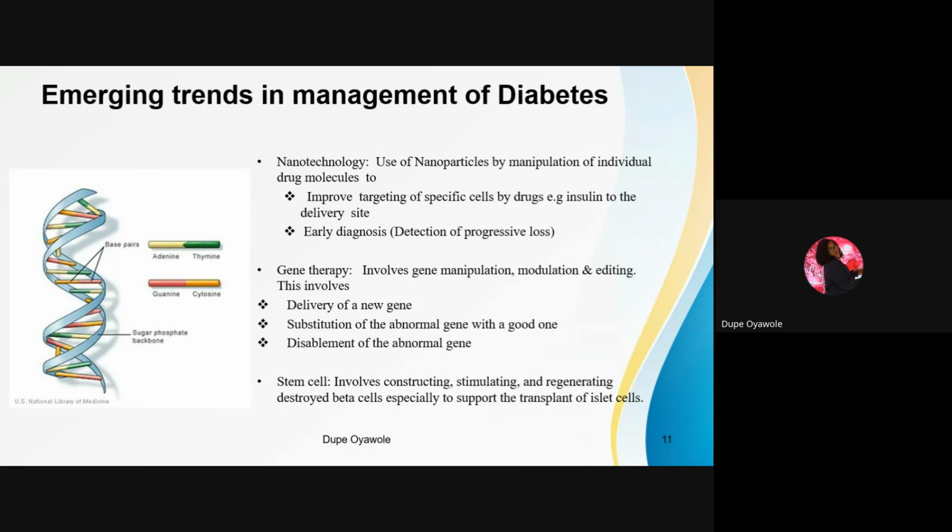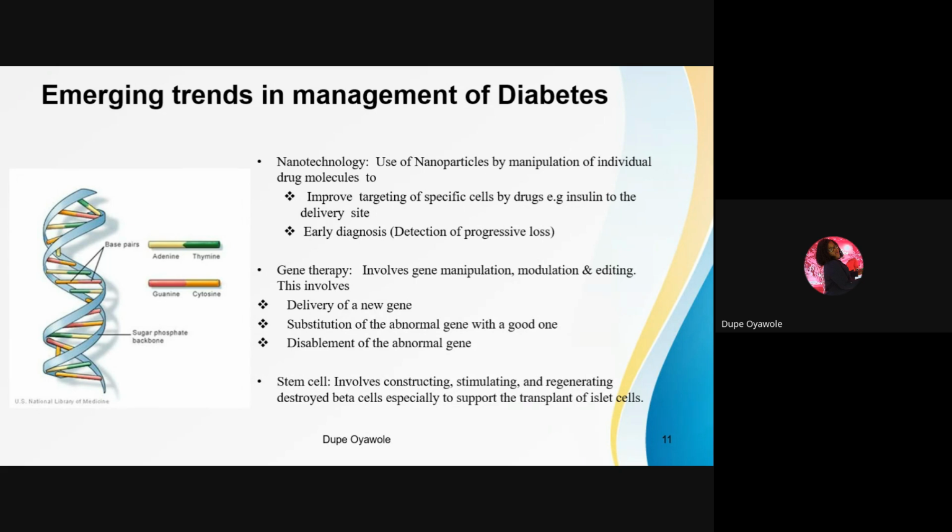Then there is also what we call gene therapy. With gene therapy, what they're trying to do is manipulate some of the genes that are being implicated, especially for a patient that has a genetic predisposition, maybe because they have parents that had it before, especially for type 1.